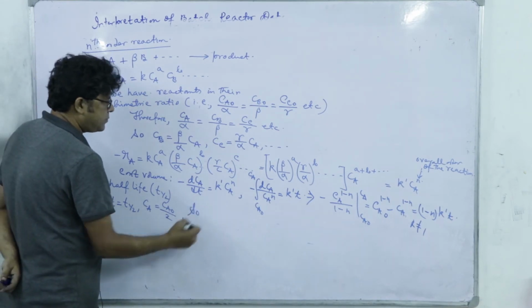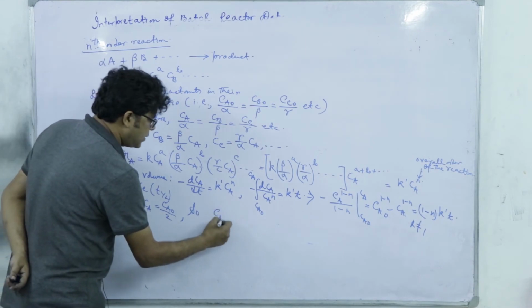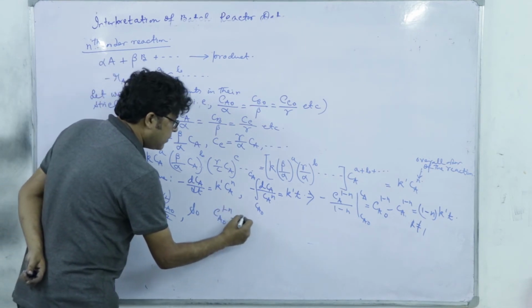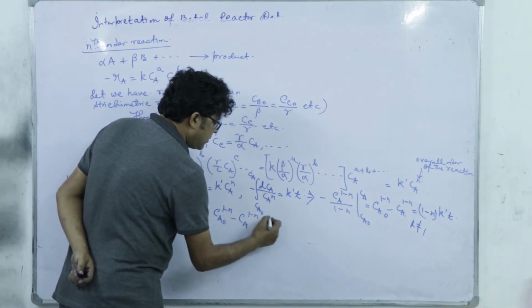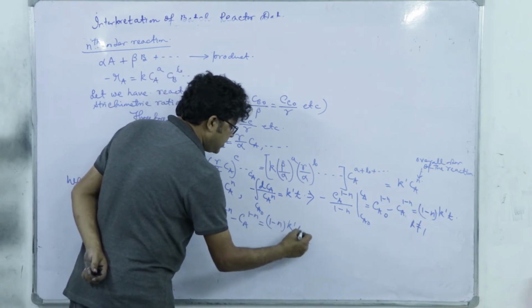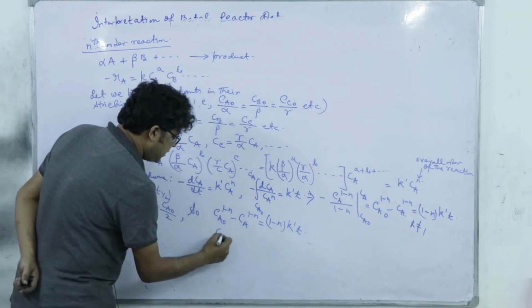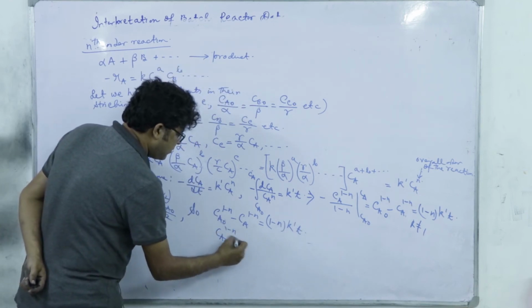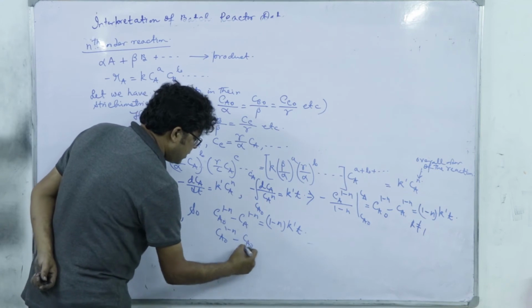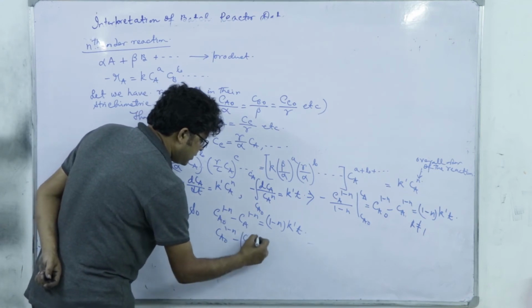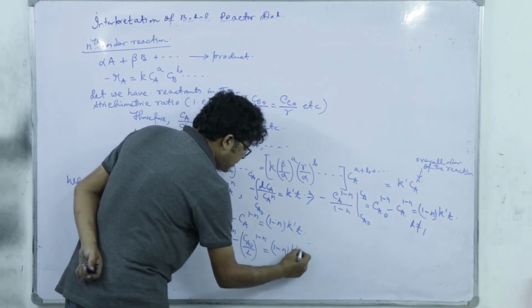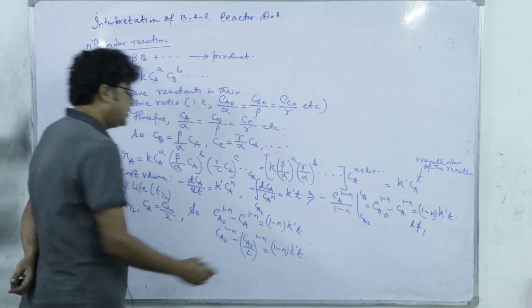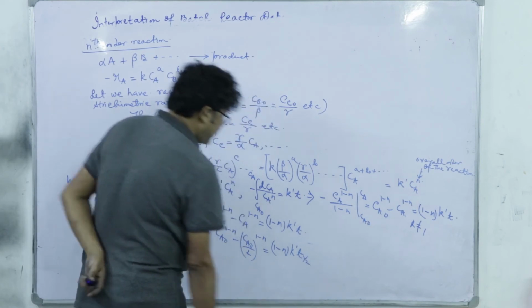So, Ca naught to the power 1 minus n minus Ca to the power 1 minus n is equal to 1 minus n k prime into t that we have got. So, Ca naught to the power 1 minus n minus (Ca naught by 2) to the power 1 minus n equals 1 minus n k prime into T half, right.